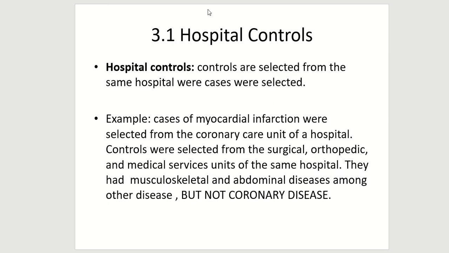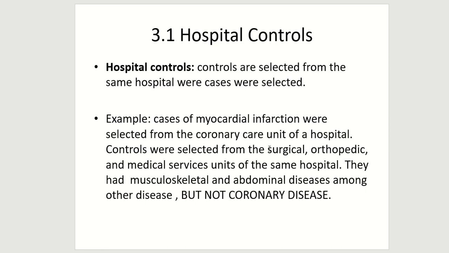Regarding hospital controls, they are selected from the same hospital where the cases were selected. Okay, this is very important. As I said earlier, if I get cases from a very high-end hospital that is very expensive and very hard to get to, your controls have to be from that same hospital. For example, cases of myocardial infarction were selected from the coronary care unit of a hospital.